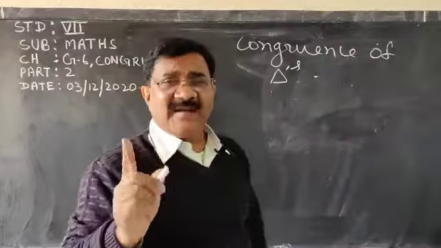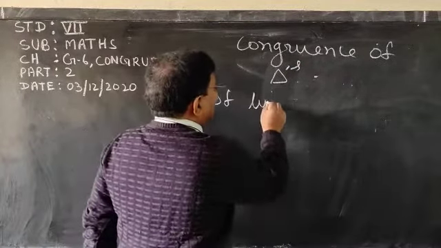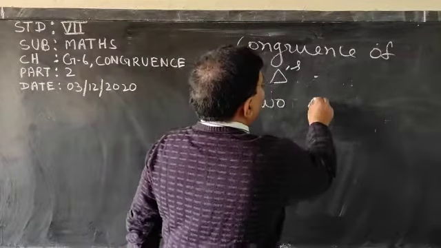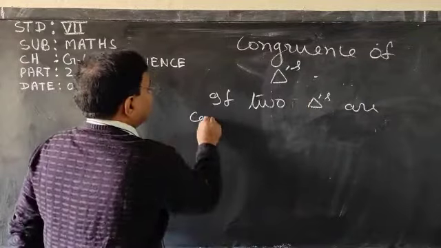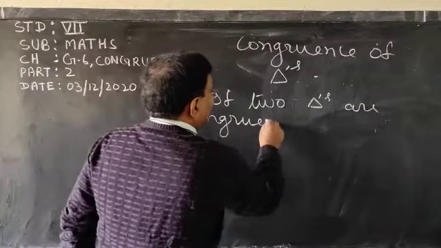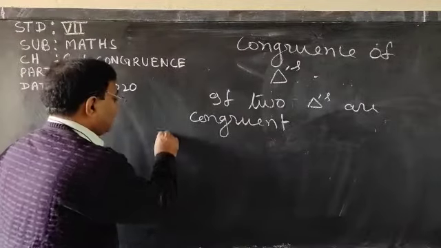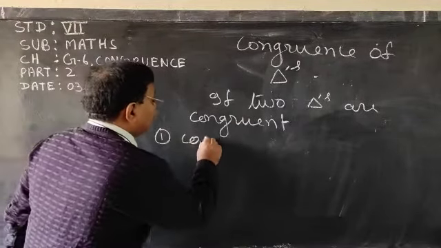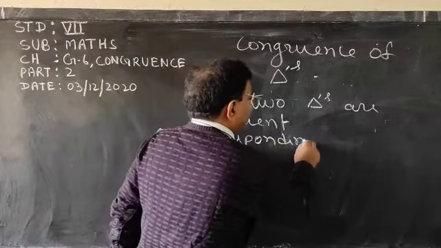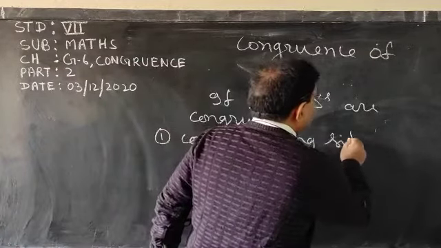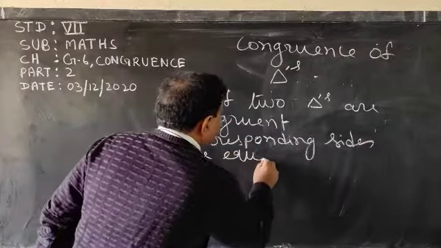and I have told that if two triangles are congruent, then two things happen. One is corresponding sides are equal.